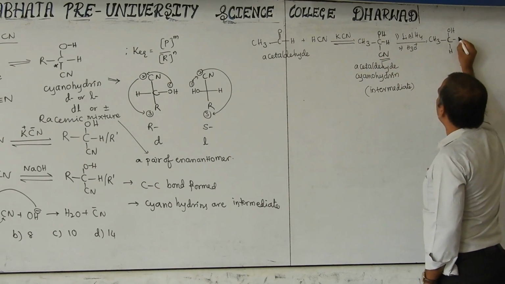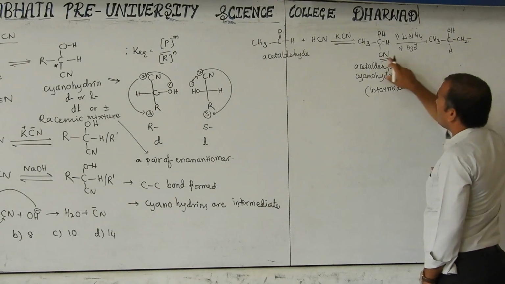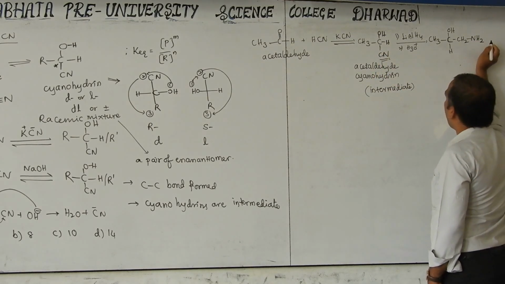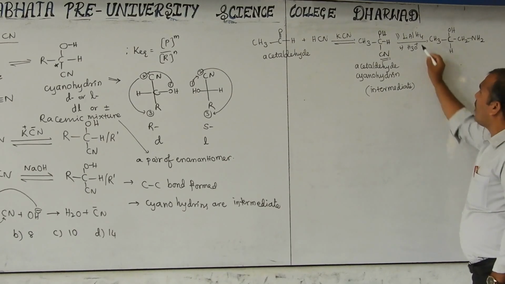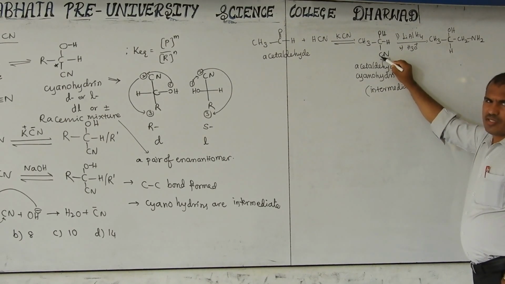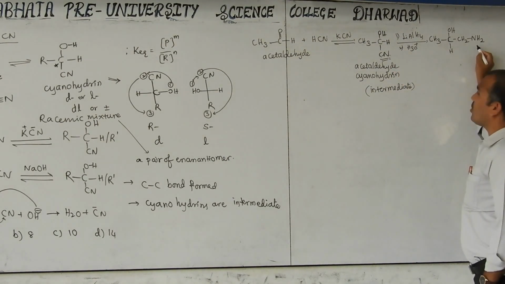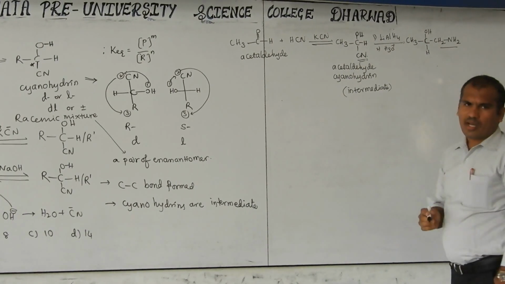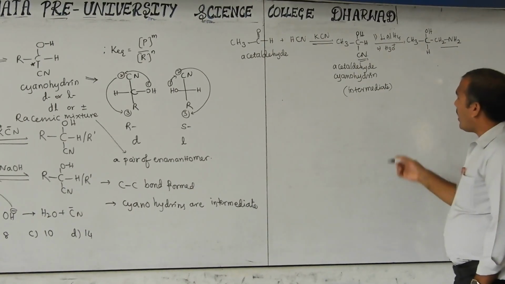And this is converted to CH2, NH2. Addition of hydrogen is reduction. Hydrogen is added to this carbon, CH2NH2. Then it is what you call an amine. The amine form is converted.